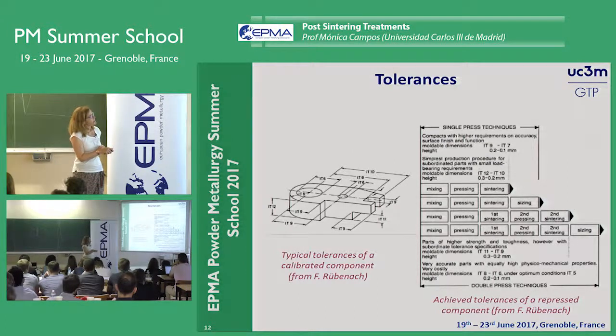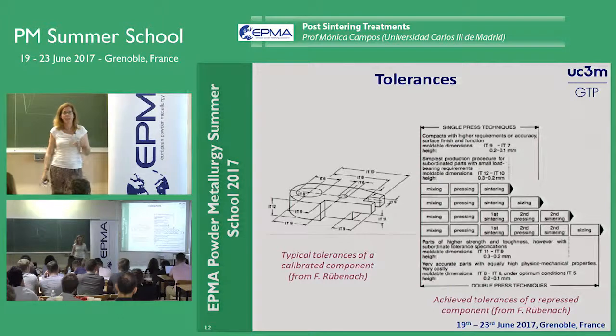If just mix, press and sintering, then we can stay between IT12 to IT10 tolerance. But what happens if at that point we include the sizing? Then we move to a close tolerance level, IT9, IT7.